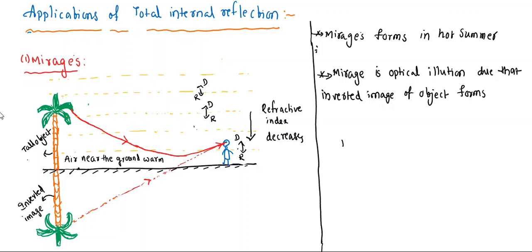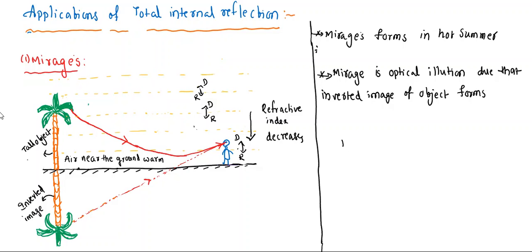You see here, this tall object is observed by this fellow, and we are taking one light ray from the top. For example, this is the top of the tree, and from the green leaf we take one light ray. That light ray passes through several layers of the same air, but the different layers act as different mediums because of the change in temperature and refractive index.